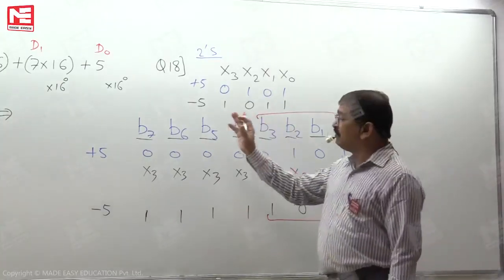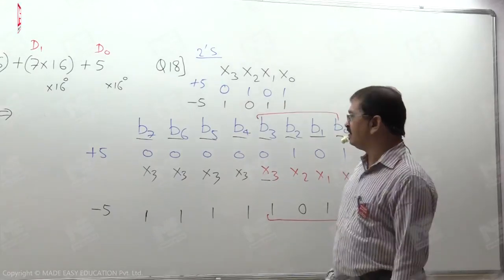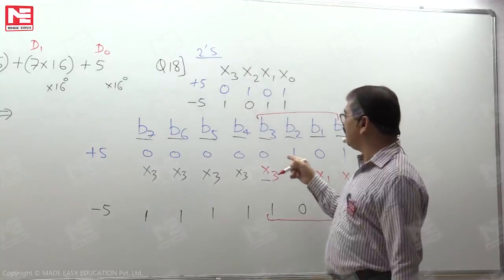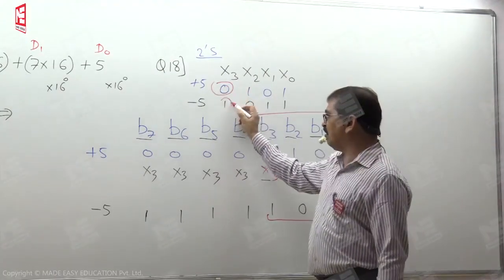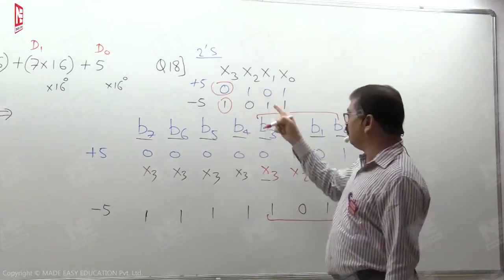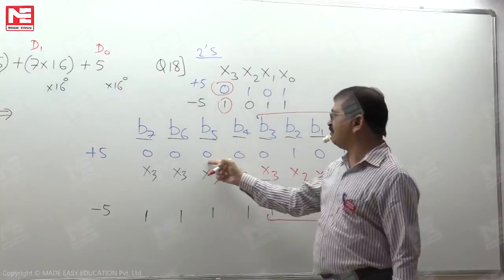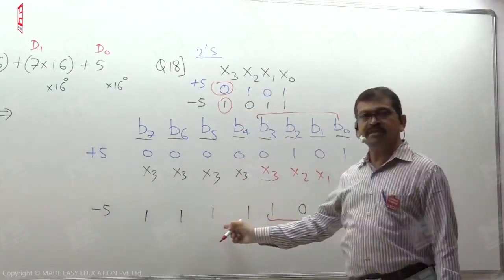The most significant bits of the 8-bit register have the MSB bit of the 4-bit number. The MSB bit for a positive number is 0, so the remaining bits are zeros. The MSB bit for a negative number is 1, so the remaining bits are 1.